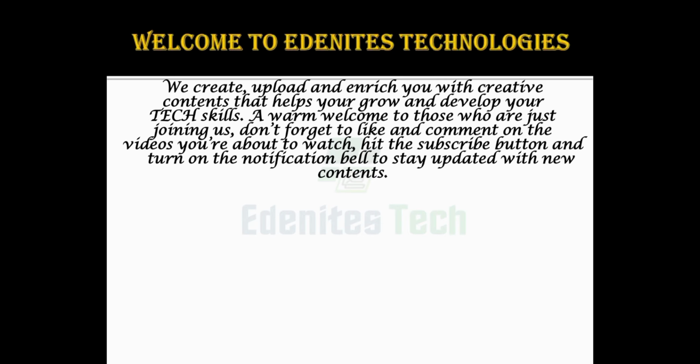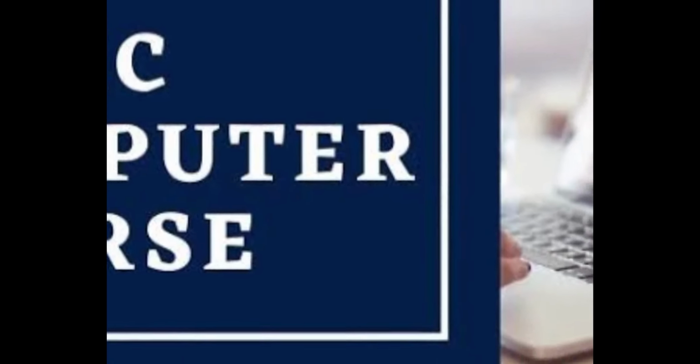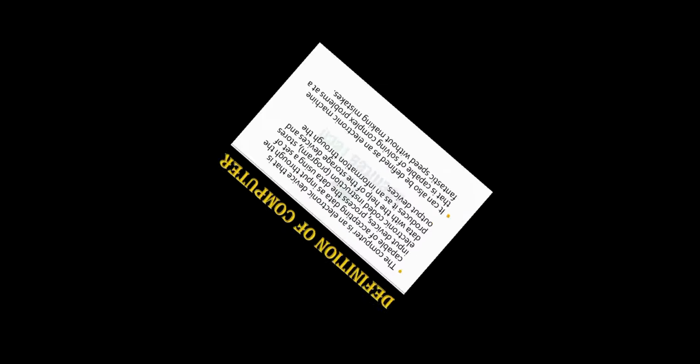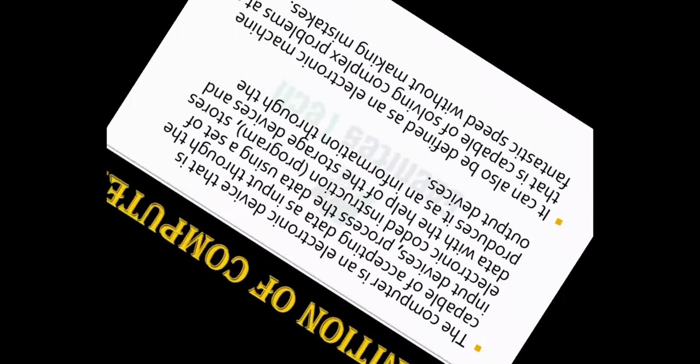So, we are going to cover the basics of computer, and this will come in different series or modules as you would call it. Having said this, it is paramount that you understand the definition of computer.